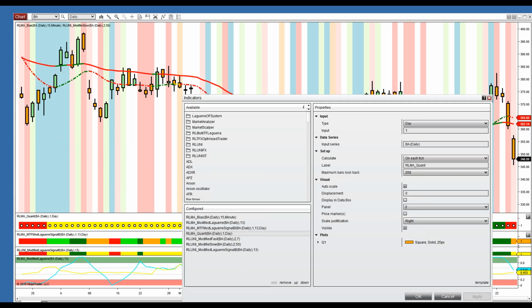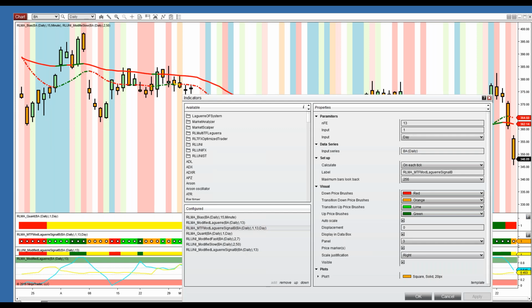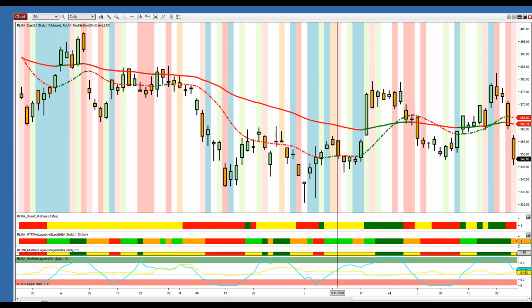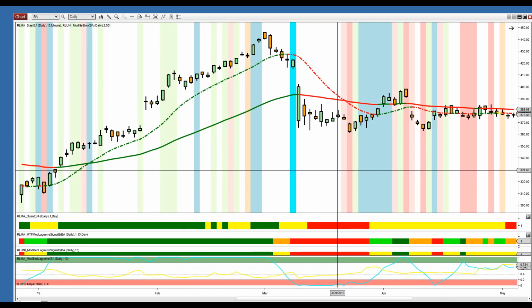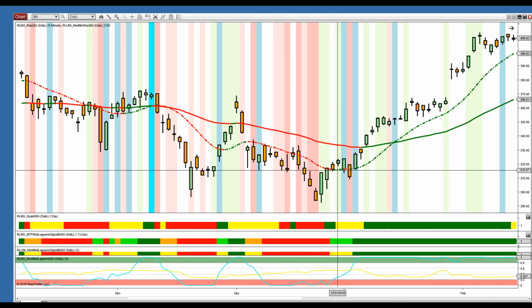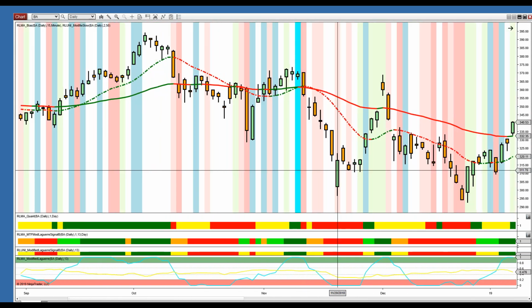Let me just make sure I did this all right. There's 1 day. Here's 1 day. And that's the chart. There's just no alignment. It's really a mess.